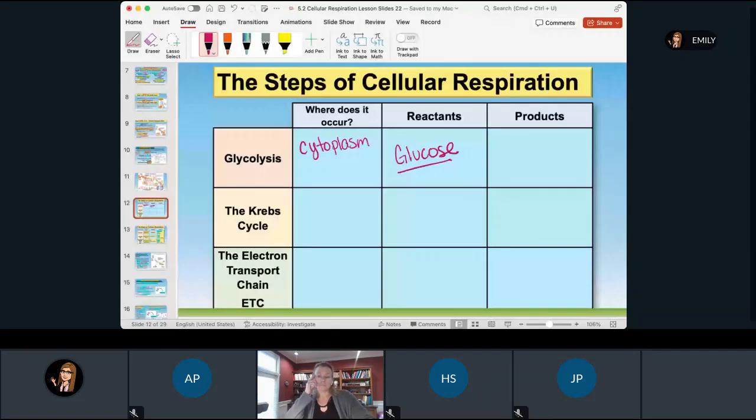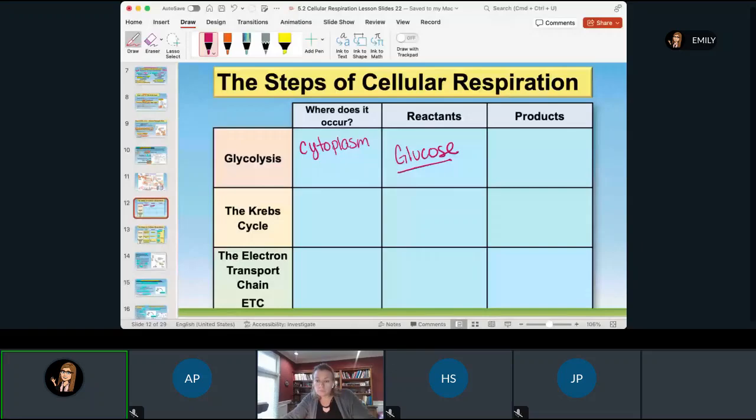Yes, Serenity, but remember, I want the net total of ATP. So I only want to put down 2 ATP. If you use 4 from that one, then your total number of ATP is going to be 38, and that's going to be incorrect.